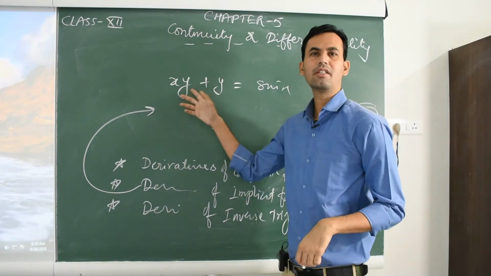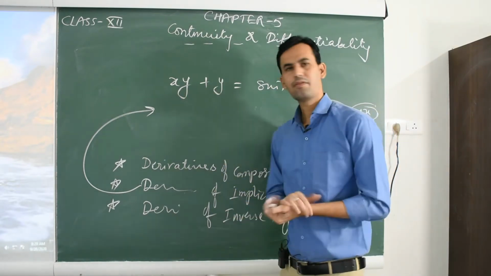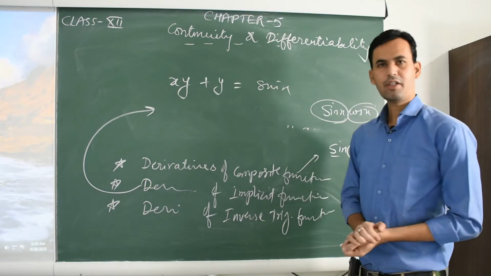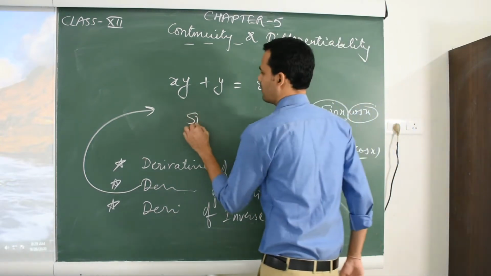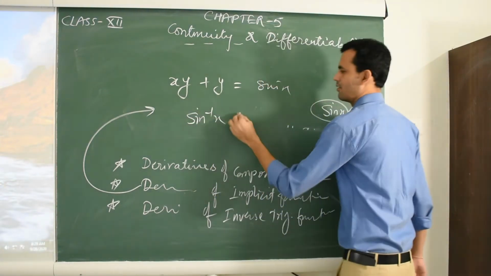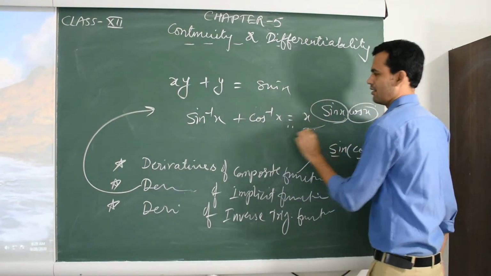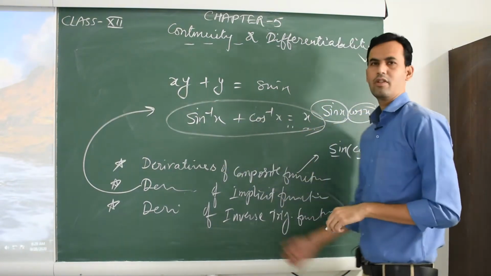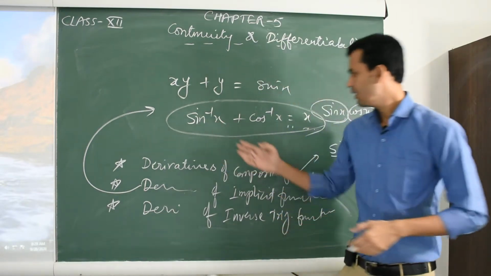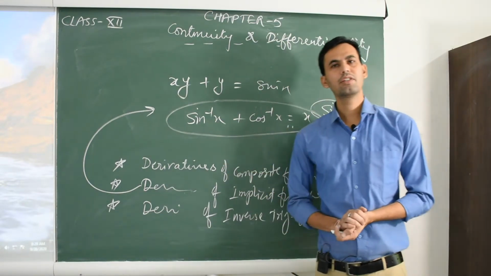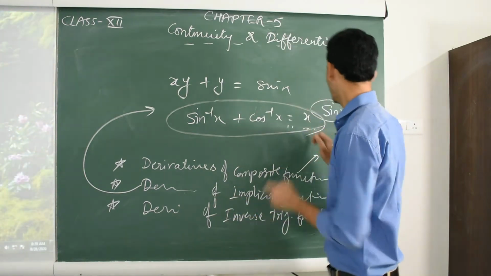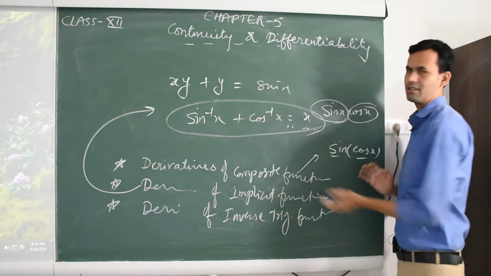If we have LHS and RHS, then it is called an implicit function. And inverse trigonometric functions, we all know inverse functions, for example sin inverse x plus cos inverse x equals pi by 2. If we have this type of question, then it is an inverse trigonometric function. So these three types of questions we have in these three exercises.